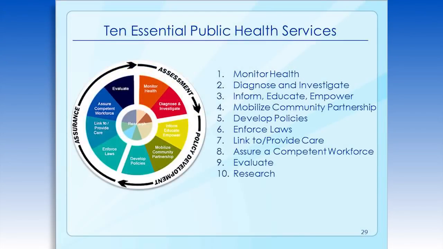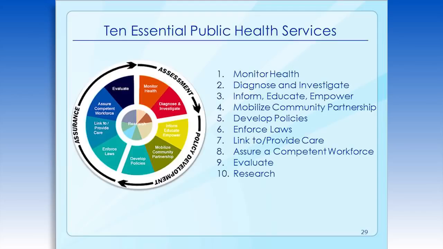For number 2, public health investigates risk factors associated with tobacco use, such as the risk of developing a certain kind of cancer. Assessing the problem provides more data to inform policy development, and that's the second core function, you'll recall, of public health, and that's again on the outside of the circle at the bottom right side.